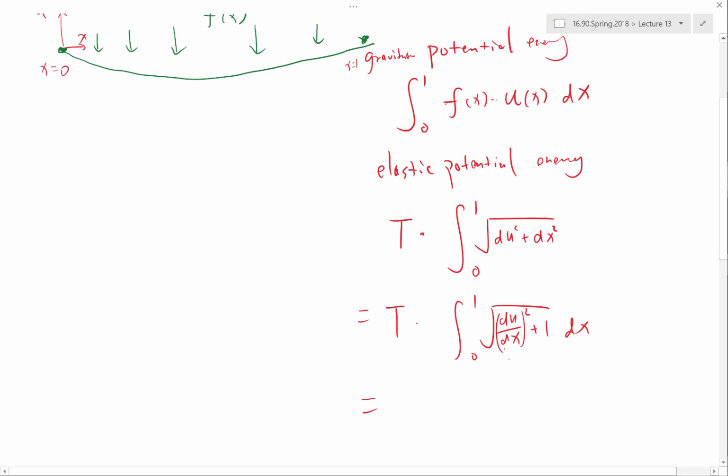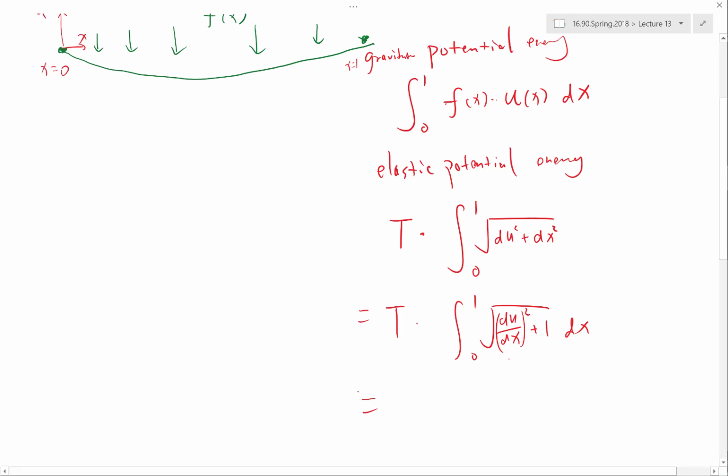So if du over dx, which is the slope, is much smaller than 1, the deformation is small. Can I simplify this? Standard Taylor expansion. Taylor expansion is not just useful in numerical analysis, it's useful in dealing with a lot of physical problems. The slope of a square root at 1, the first derivative, is half, because square root is the half power.